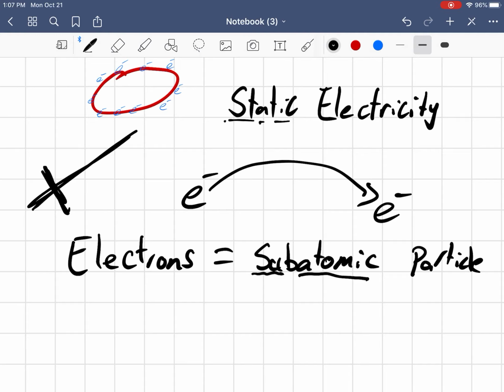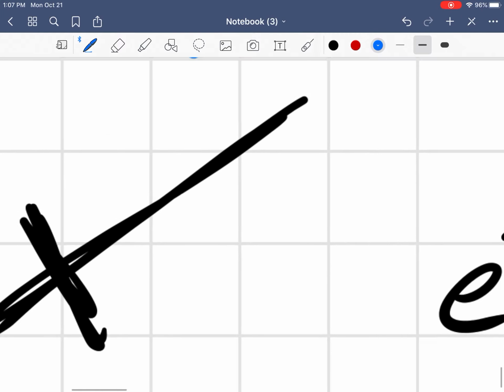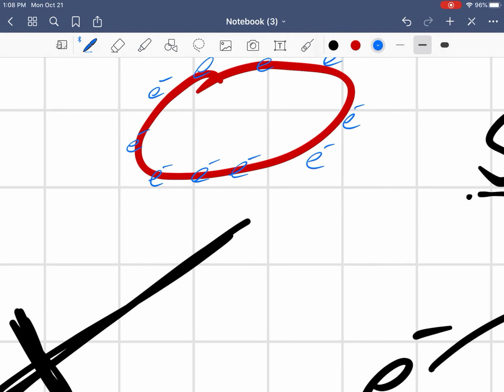Now, subatomic particles actually have a charge. So we know that electrons are a subatomic particle, and that they have a charge. In fact, it is negatively charged, or has a negative charge. Now, just like with magnets, if I have a negative and another negative, which is what's happening here, our rod is also filled with negatively charged electrons.